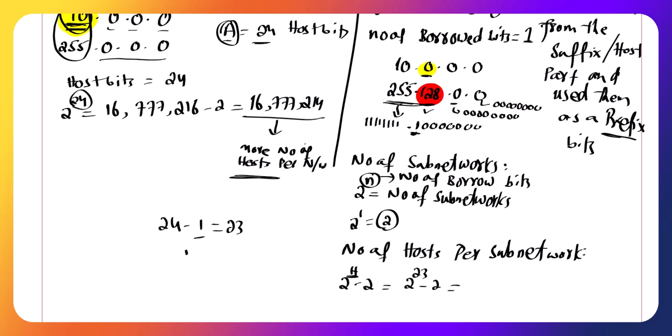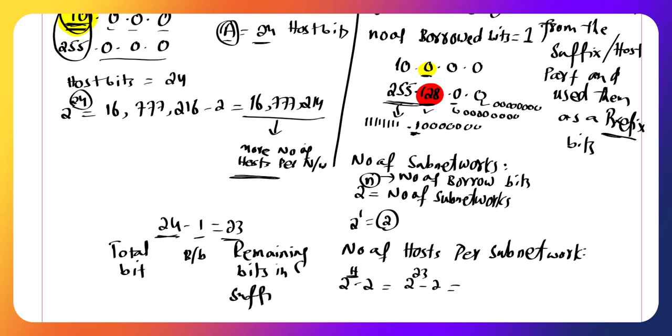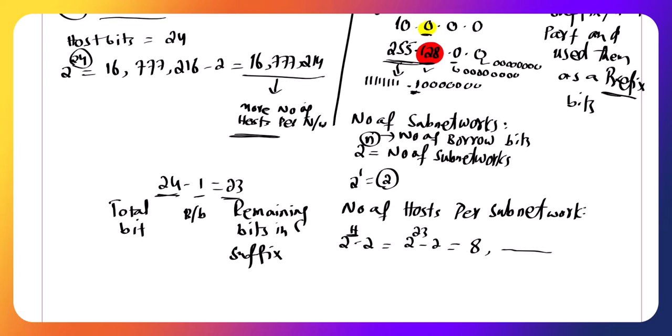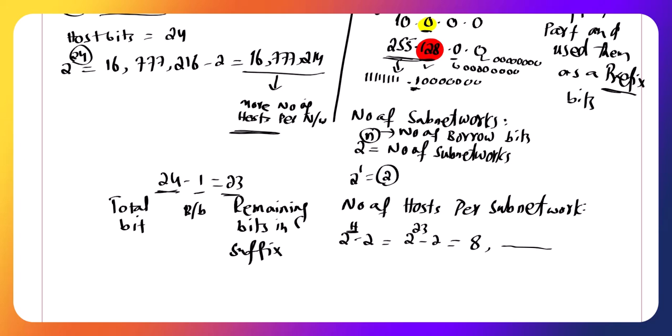This one is the borrow bit, this was the total bits, and this is the remaining bits in the suffix. So it is almost 8 million something. Okay guys, this was the number of subnetworks and the number of hosts per subnetwork after borrowing only one bit.